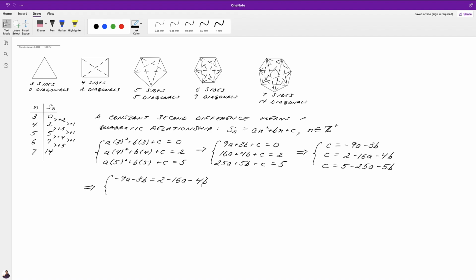And then setting the middle equal to the bottom, we have 2 minus 16a minus 4b is equal to 5 minus 25a minus 5b. Let's confirm that we haven't committed any careless mistakes up to this point. No, we have not.